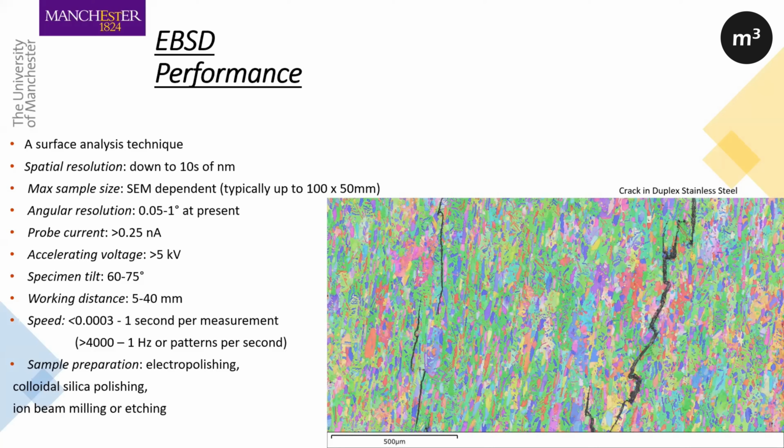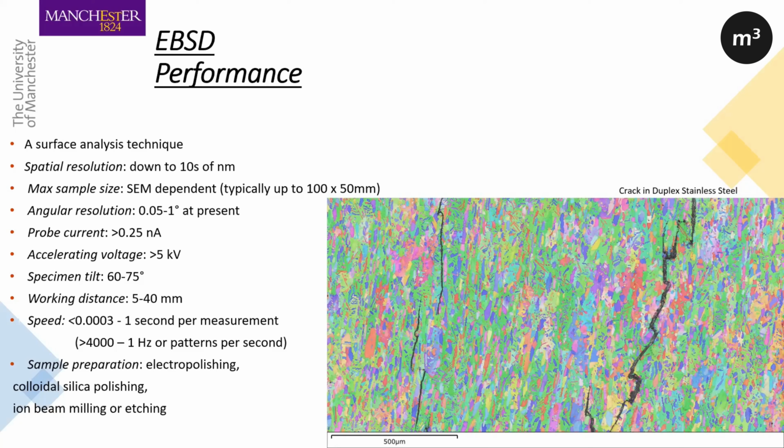Angular resolution is in general about 1 degree for general EBSD work, but this can be pushed down to 0.05 of a degree using modern band detection routines in the software, and also beyond, using image correlation.